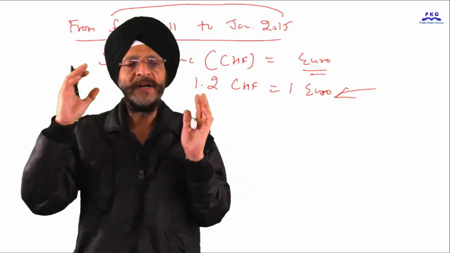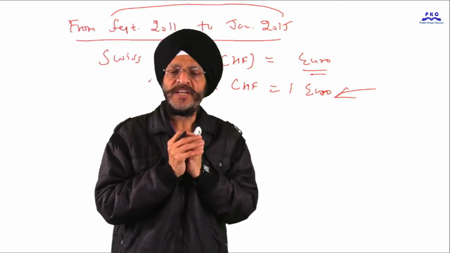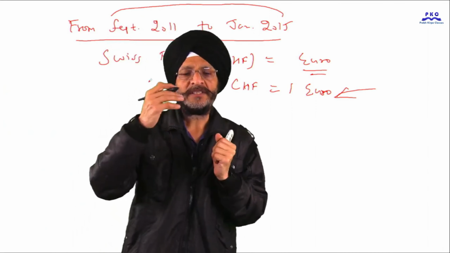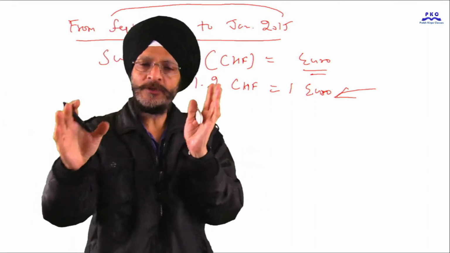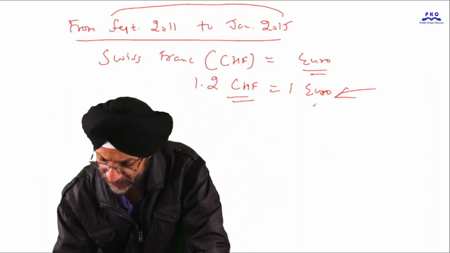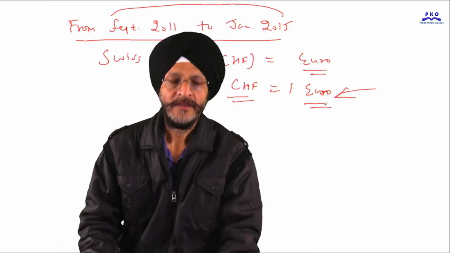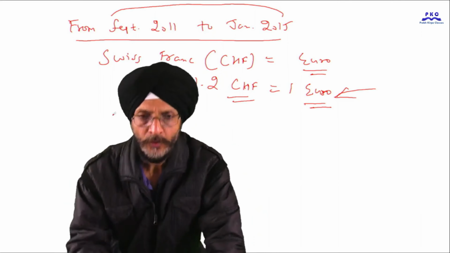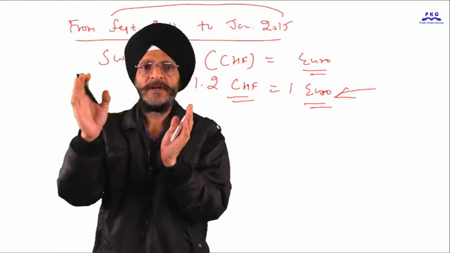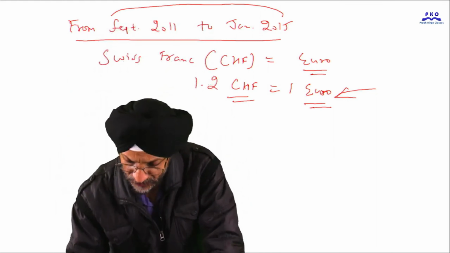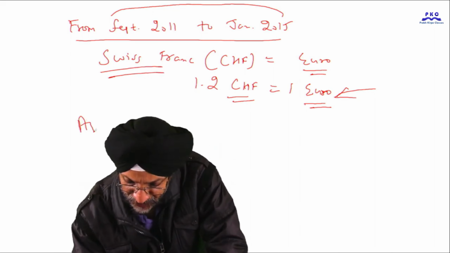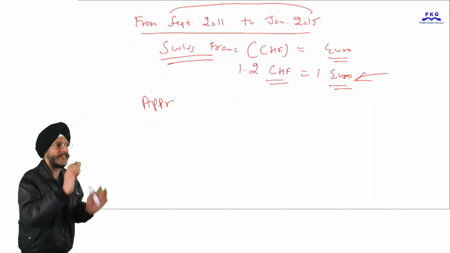But in January 2015, they abandoned the policy of maintaining the exchange rate between the Swiss franc and the euro. Due to this abandonment, the Swiss franc appreciated. The Swiss franc is the currency of Switzerland and Liechtenstein.